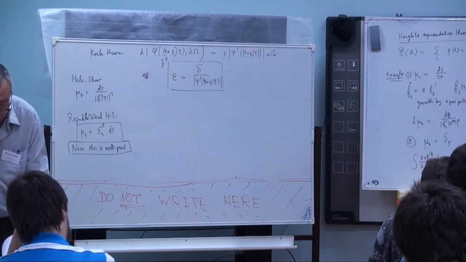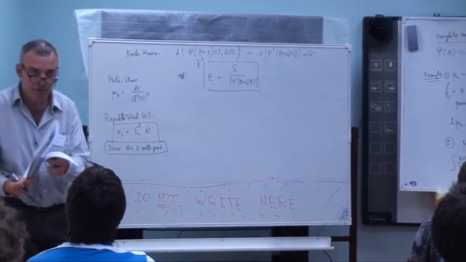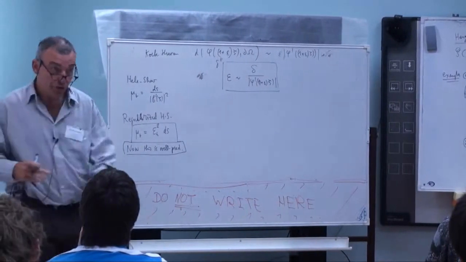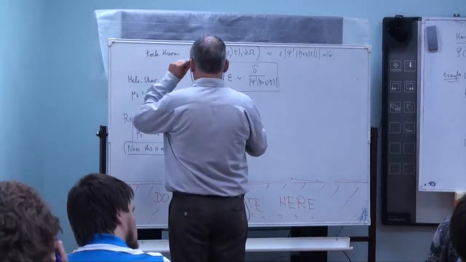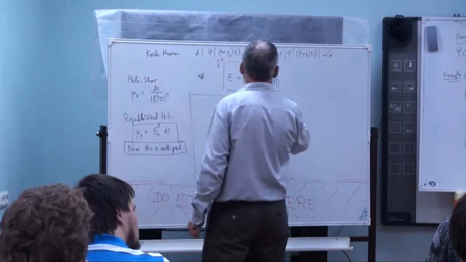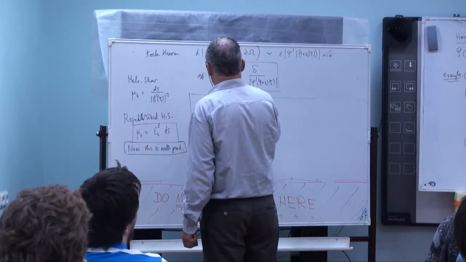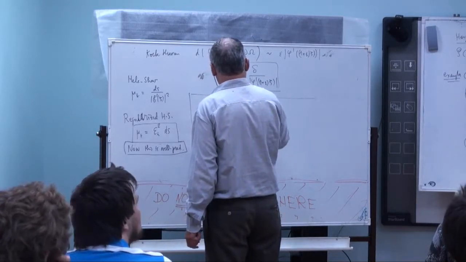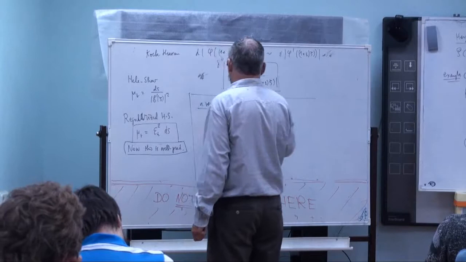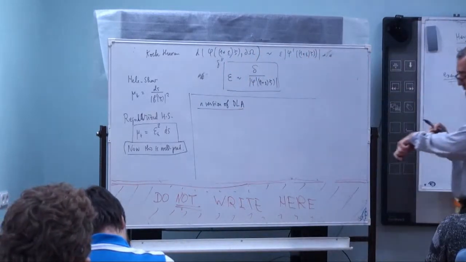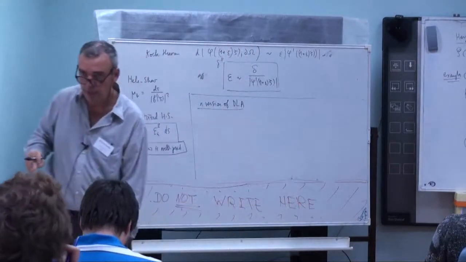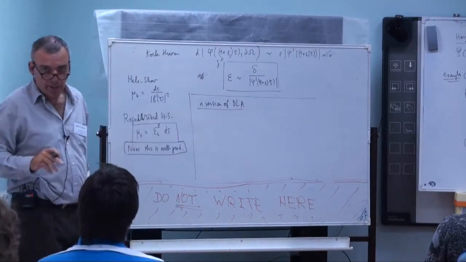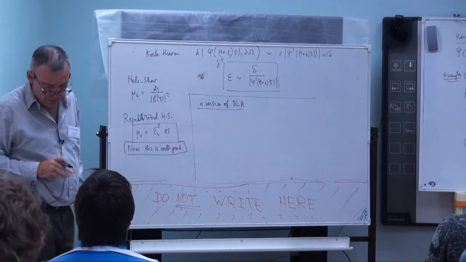Now to finish, let me define a version of DLA associated to that. Let me define that, and then tomorrow I will come to the Hastings-Levitov and Hele-Shaw alpha.